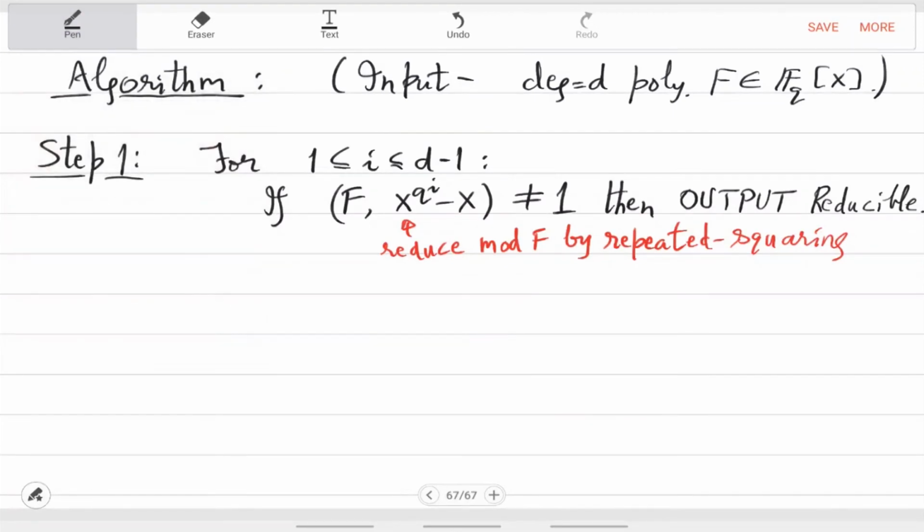It is not just a direct application of Euclid GCD. First you have to do repeated squaring to compute x to the q to the i mod f. F is low degree, so this is a low degree computation and you can do it efficiently. Then you replace x to the q to the i by that remainder, and then you invoke Euclid GCD.